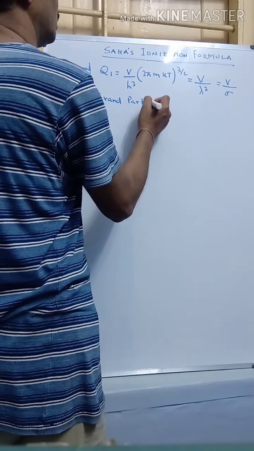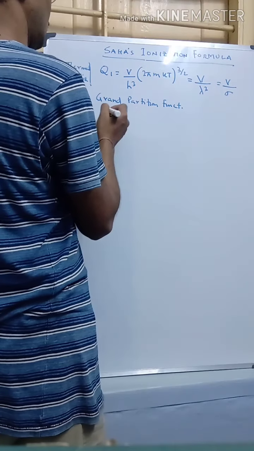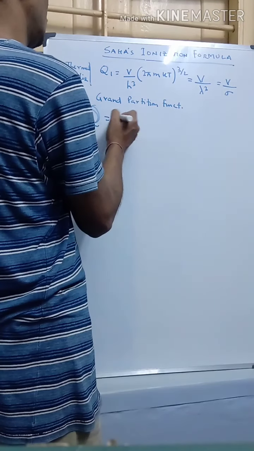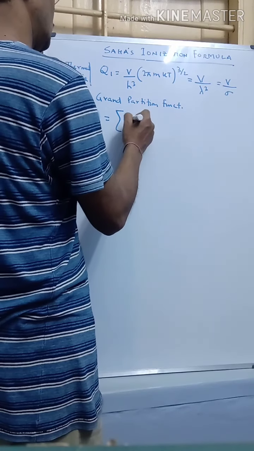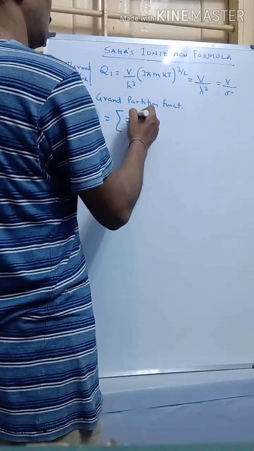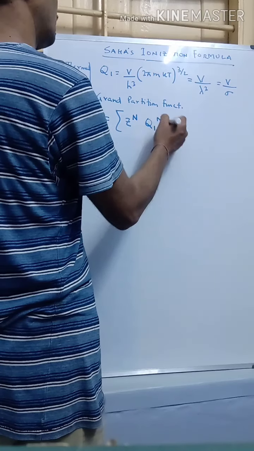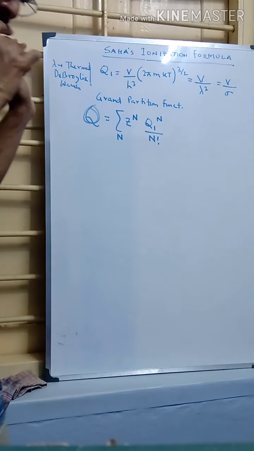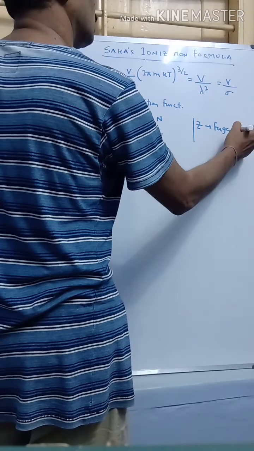Now we want to calculate the corresponding grand partition function according to the grand canonical ensemble. The grand partition function, double Q, is equal to the summation over n of z to the power n, q1 to the power n by n factorial, where z is the fugacity of the system.